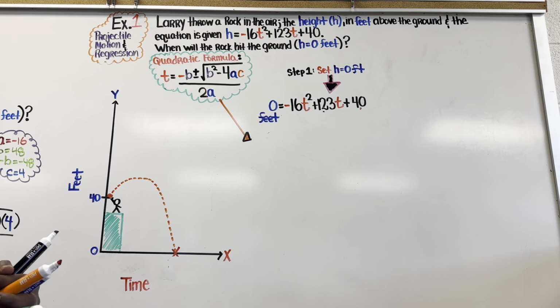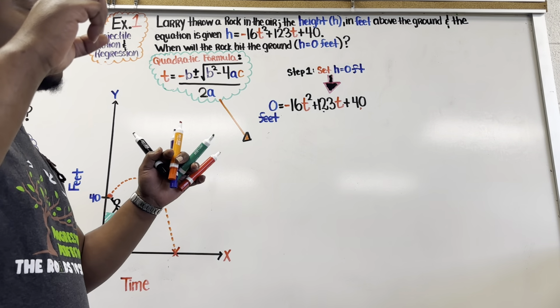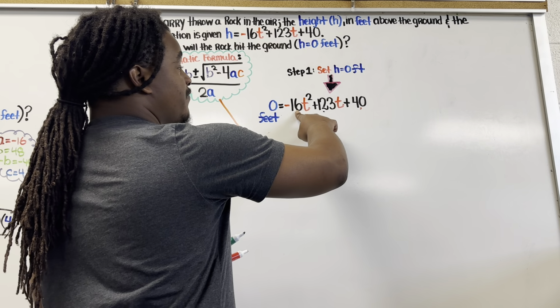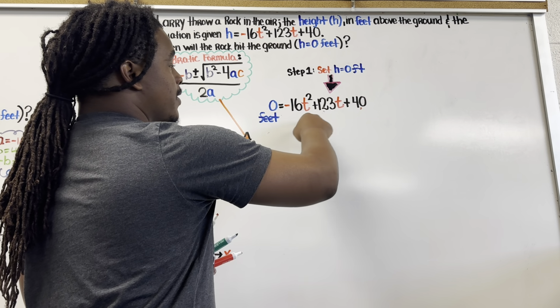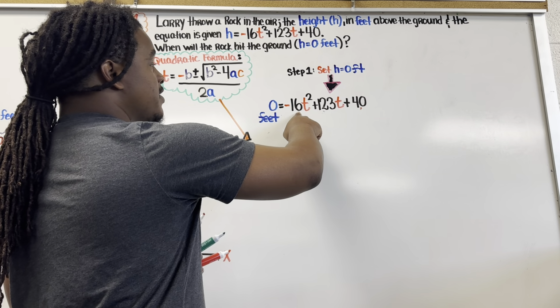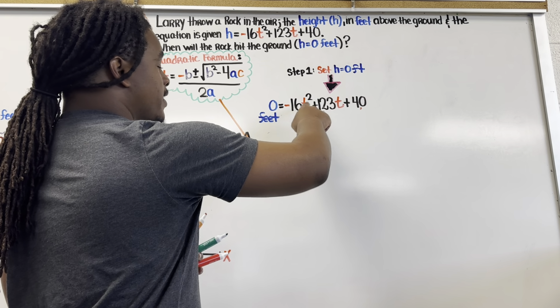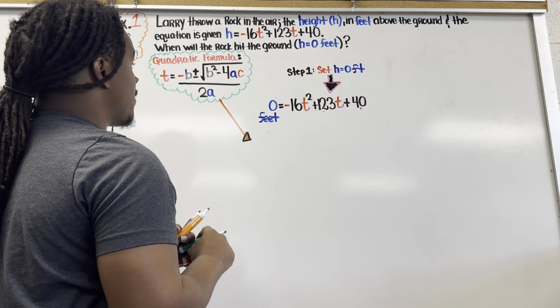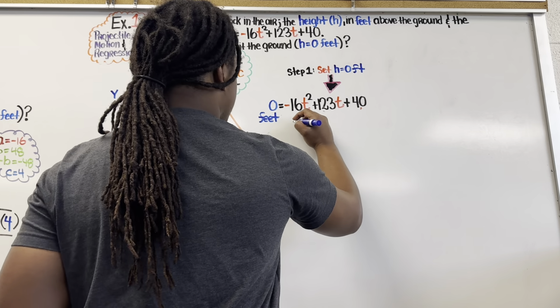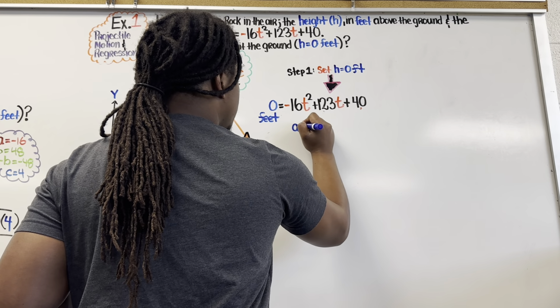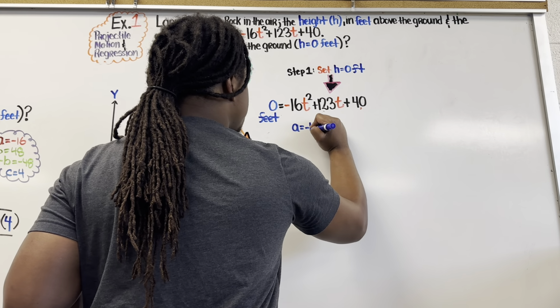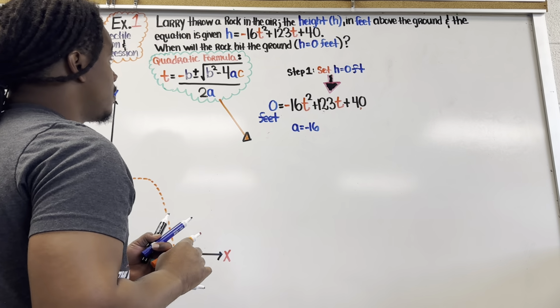These variables represent the coefficients of the equation. The coefficient of t squared is negative 16, and that will be a. So a is negative 16.